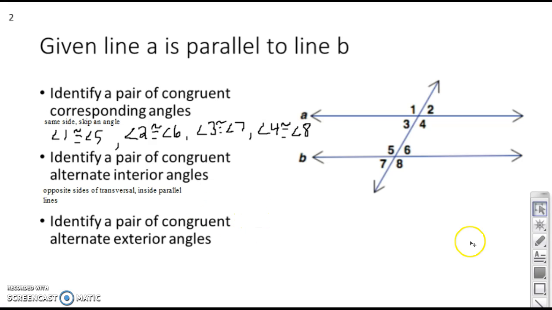So if I look over here for my alternate interior angles, 3 is inside the parallel lines and its opposite angle is 6. So angle 3 is congruent to angle 6 because they are alternate interior angles. And then likewise, angle 4 is congruent to angle 5 because they are also alternate interior angles.